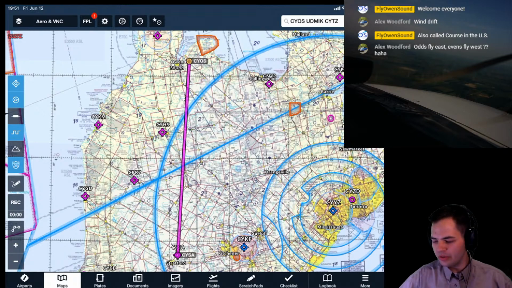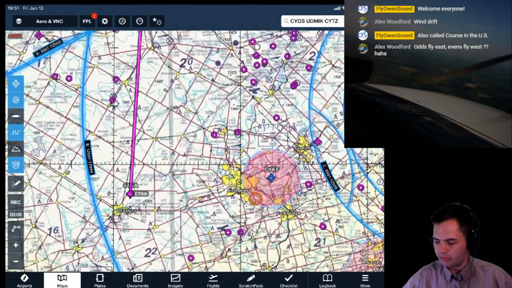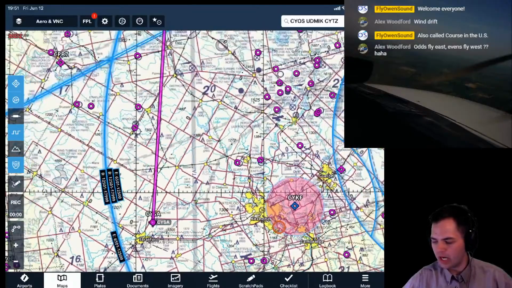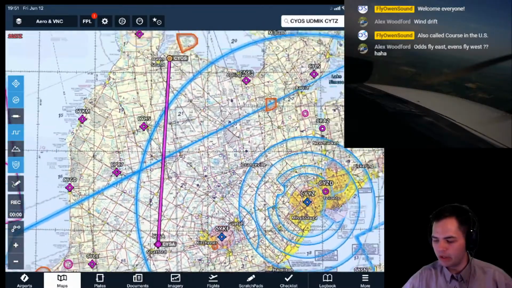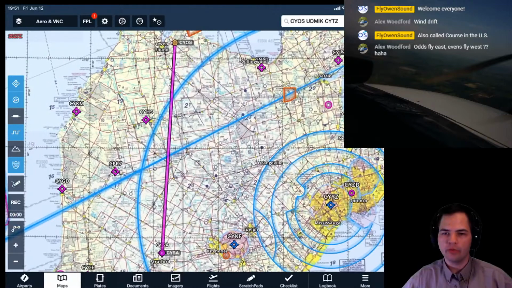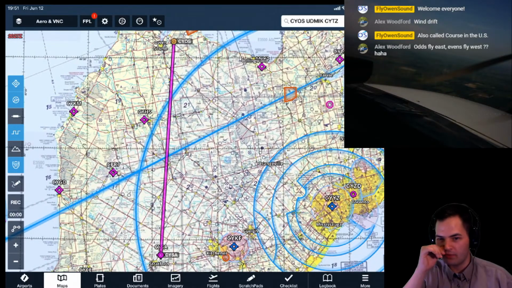So we're over Owen Sound. How high over Owen Sound would we need to be flying in order to reach the ground in Stratford? So by radio, how high would we need to be above the ground? Let's just assume, for the sake of argument, Owen Sound and Stratford are the same height. They're fairly close.